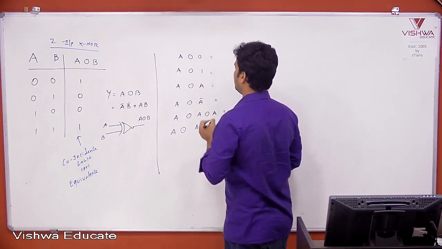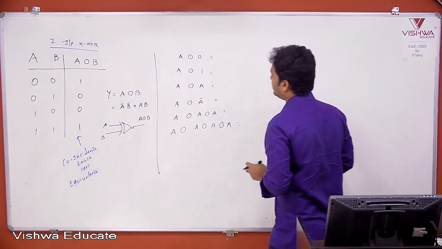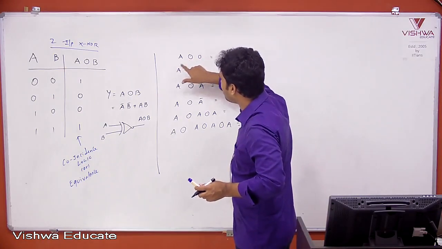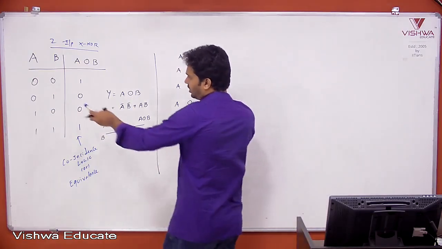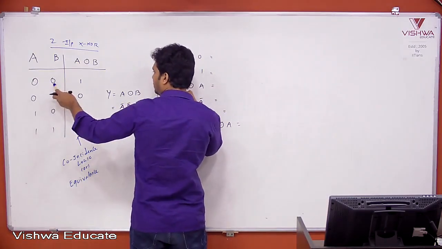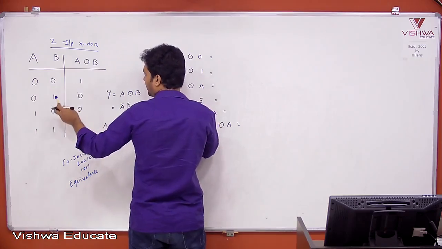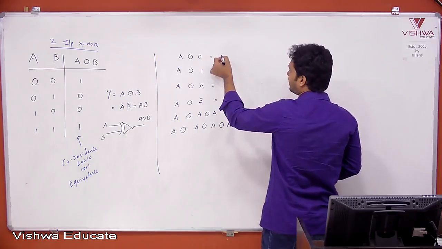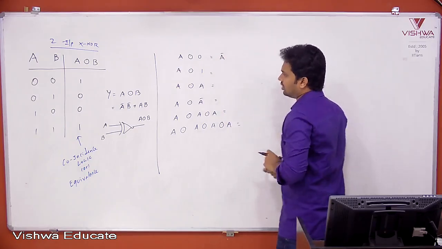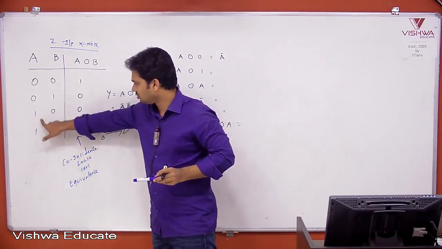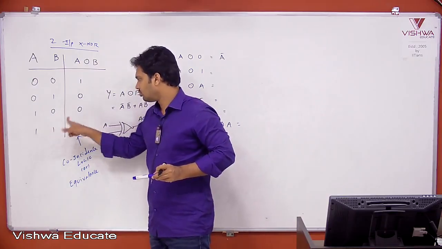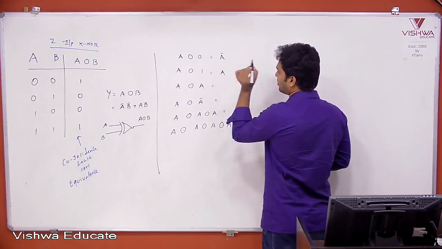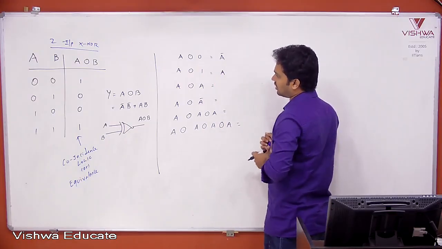From the previous, we can easily say here also. If one of the inputs to the exclusive NOR gate is 0, how will it work? If the other input is 0, I am getting 1. Other input 1, I am getting 0. So you can say it is working like an inverter. If one of the inputs is fixed to 1, other input and output are both the same. So you can say it is working like a buffer, output same as A.